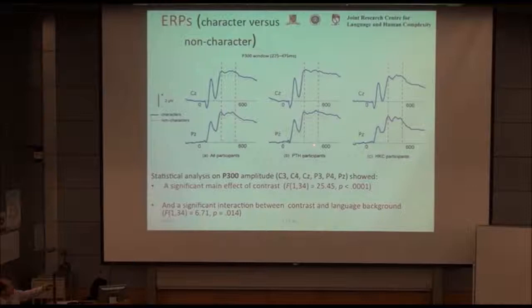The middle of this window is about 400 milliseconds. That means from the onset of the stimuli, at about 300 or 400 milliseconds, this group of subjects can tell the difference between the character and non-character, and this group of subjects cannot tell the difference. So in terms of the brain waves, they're different.